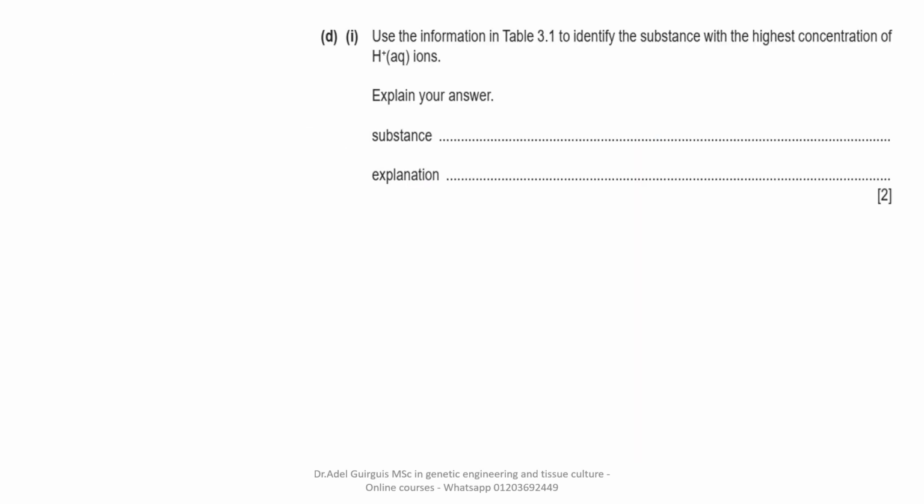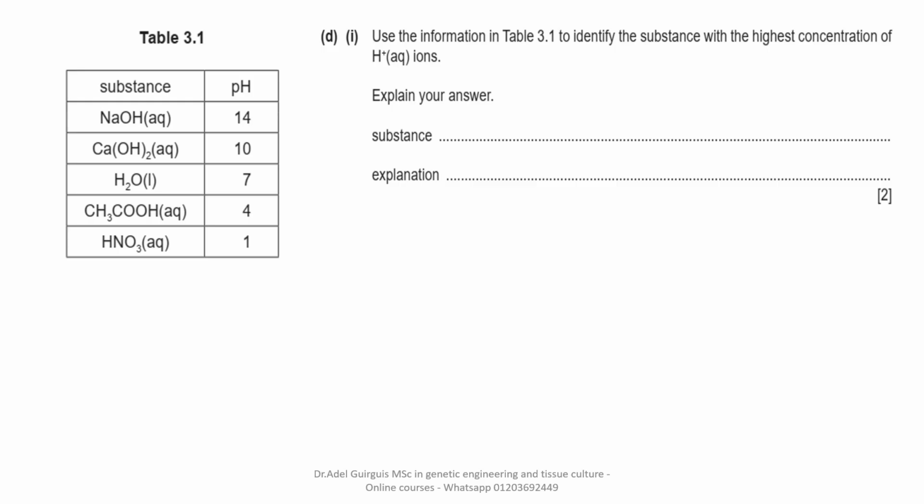Letter D, part I. Use the information in table 3.1 to identify the substance with the highest concentration of H+ ions. Explain your answer: substance and the explanation. Let's analyze the table into different categories. Sodium hydroxide with pH 14 and calcium hydroxide with pH 10 are considered alkalis.